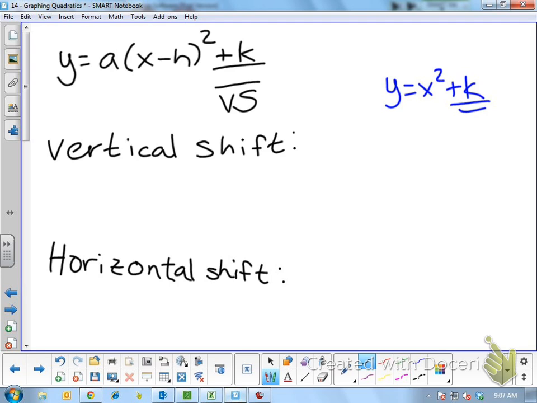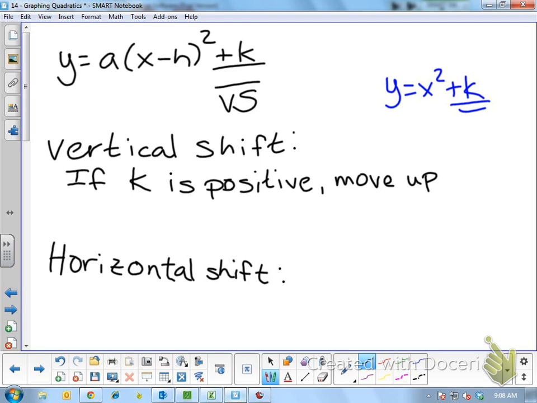And now we know if k is greater than 0, so if k is positive, let's write if k is positive, that will be more understandable in your notes. If k is positive, move up. If k is negative, move down.